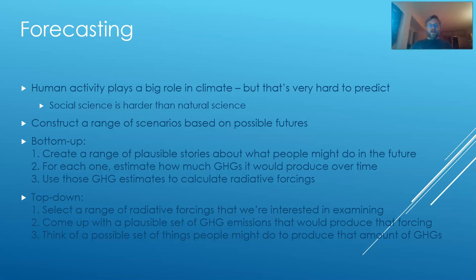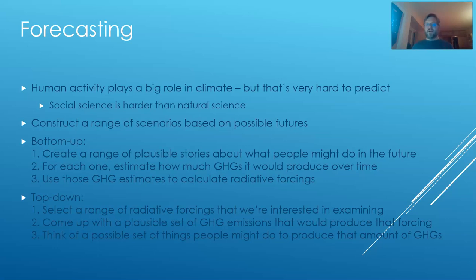Then we work backwards from that and we say, okay, well, to get to this radiative forcing, what kinds of changes in greenhouse gas emissions and other things would we need to do to get to that point? And then once we have that set of future changes in greenhouse gas emissions, then we can say, okay, and what would we have done to create that amount of greenhouse gas emissions? So we're basically working backwards as compared to what we do with a bottom-up scenario.